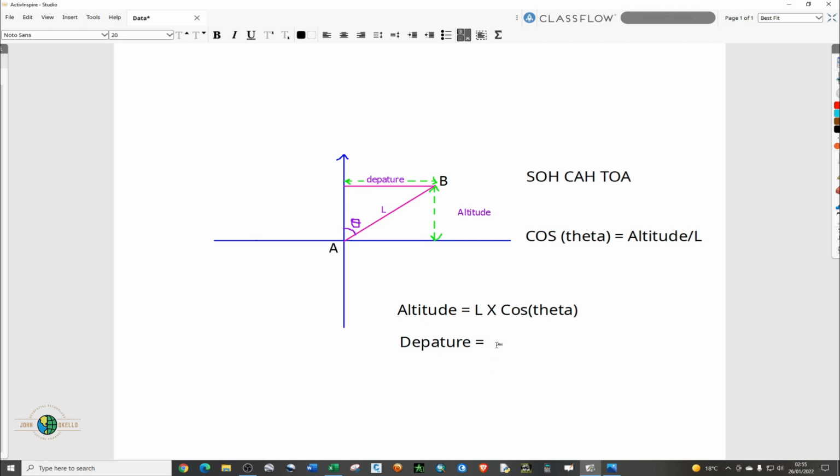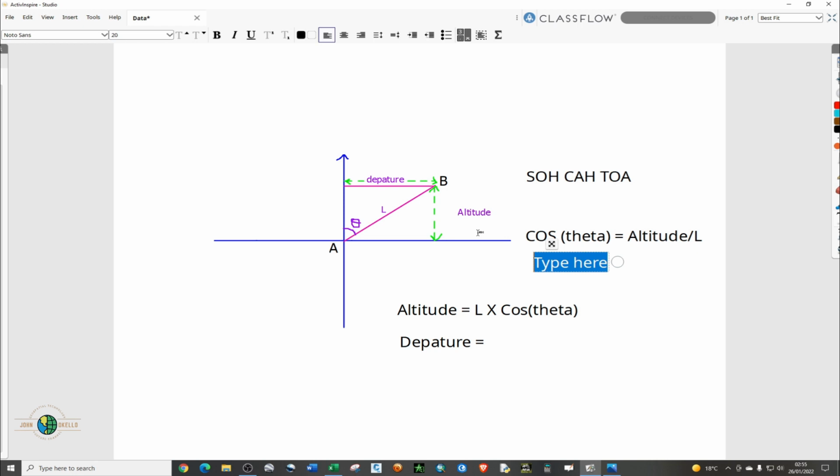So let us continue with departure. Let's generate the departure. We have this as the opposite, this is the bearing or the angle, and we have the distance, which is the hypotenuse, and what we want to calculate is departure.